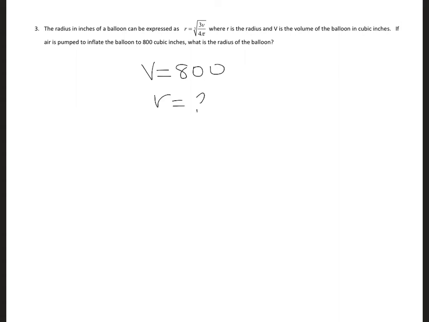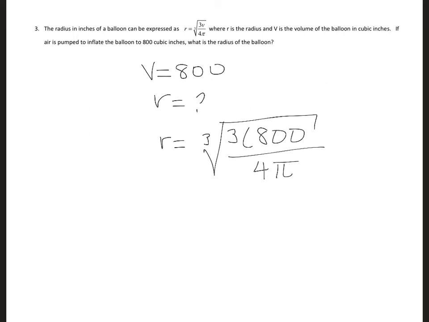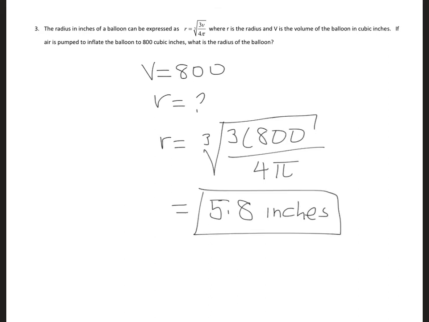So all I need to do is, radius is going to be cube root of 3 times 800, and then I'll be dividing by 4 pi, and when I put this in the calculator, I should get about 5.8 inches, and that's to 1 decimal place.